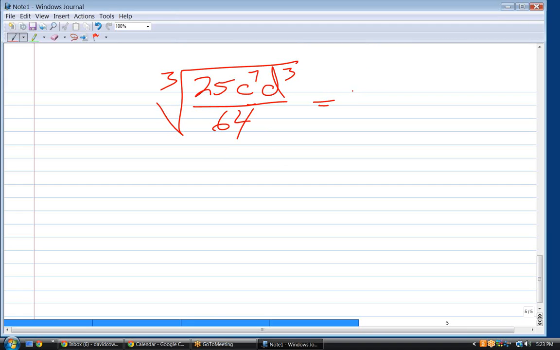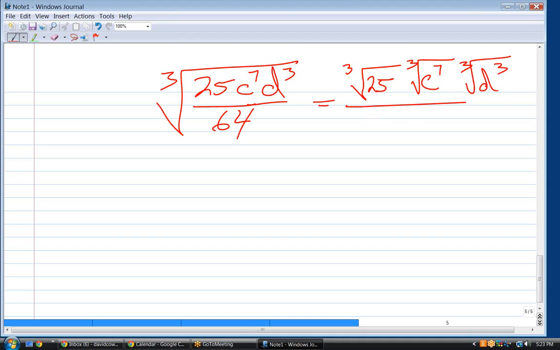So in the numerator, we're going to have the cube root of 25 times the cube root of c to the 7th times the cube root of d to the 3rd. In the bottom, we're going to have the cube root of 64. Okay? Well, the cube root of 25 is not reducible. There's no factors of 25 that have perfect cube numbers in them.